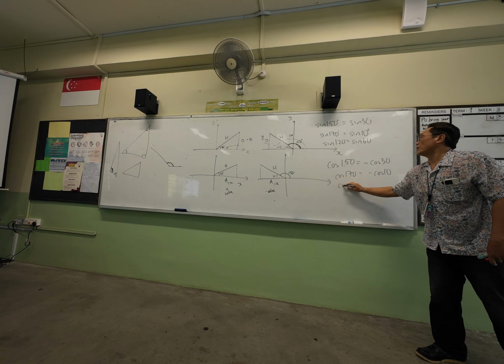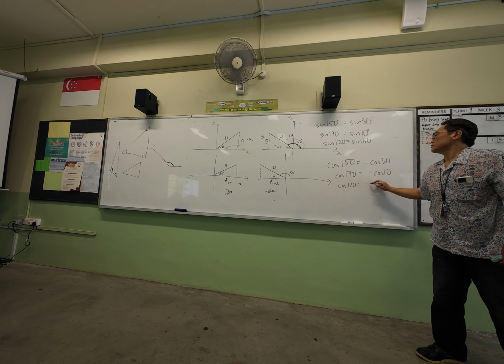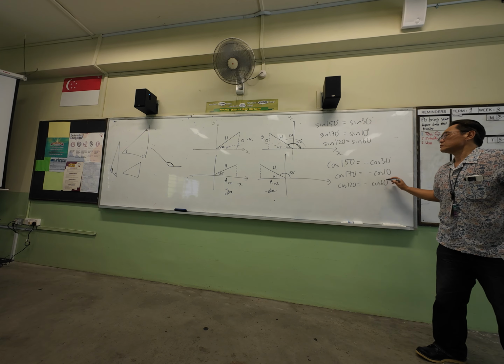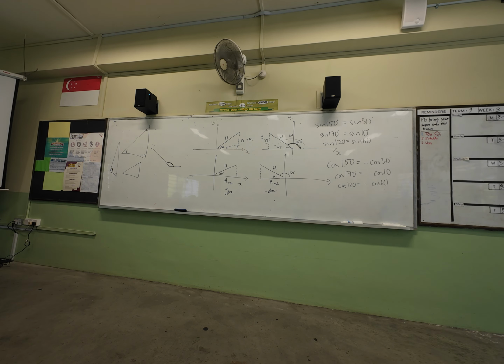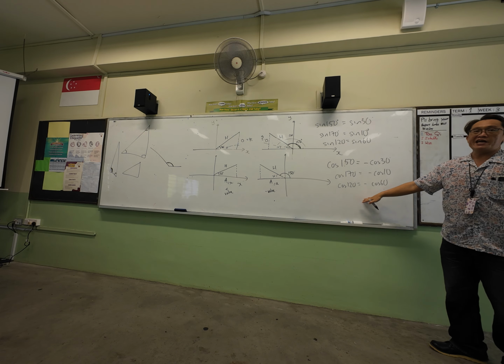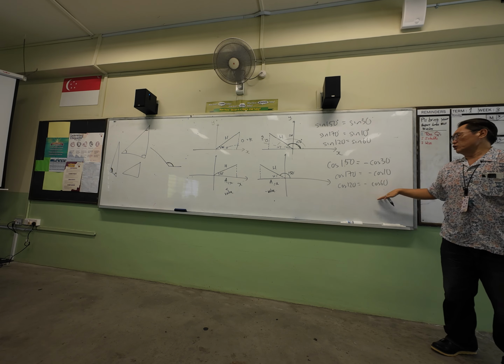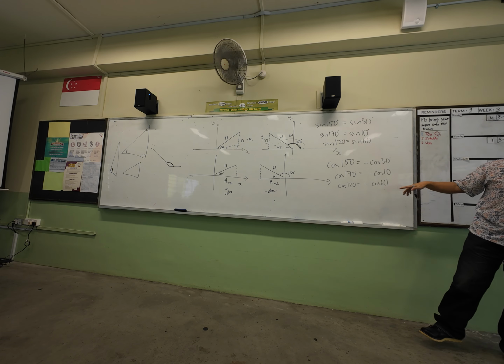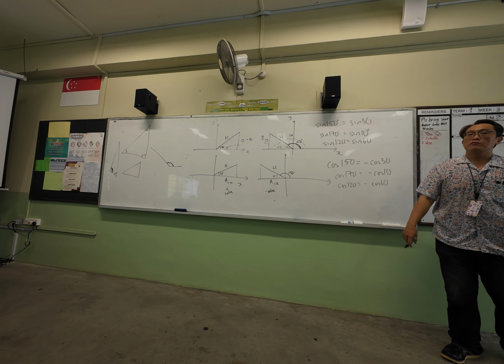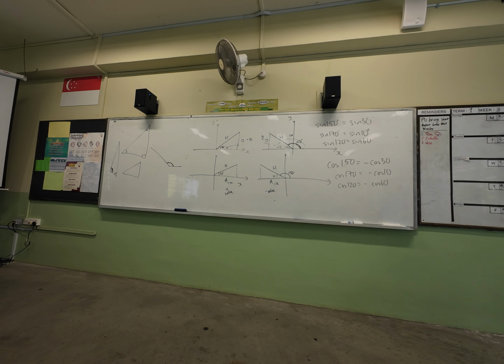One is positive, one is negative. Okay? So for sine, obtuse and acute is the same. But for cosine, obtuse and acute is different by the positive and negative. Okay? So this is the reason why.